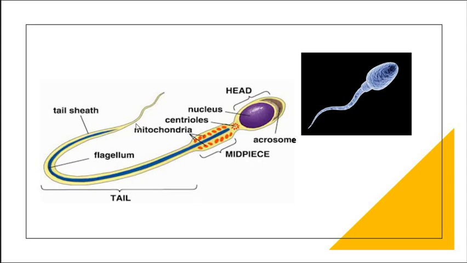The tail, right through here, is referred to as a flagellum. It has some other names, but tail is fine. And it has basically a membrane that surrounds the whole thing. The picture that you see up here is an electron microscope photograph of what a sperm cell actually looks like.